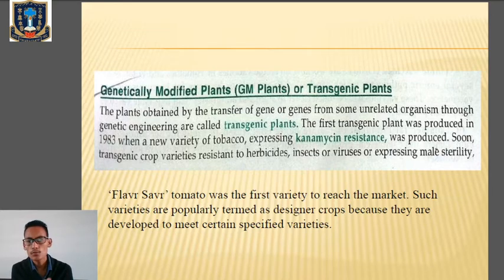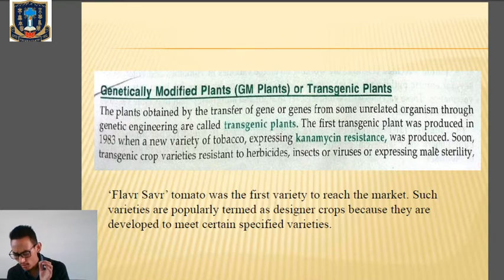Those plants whose genes have been altered or modified are known as genetically modified plants or transgenic plants. The first transgenic plant was produced in 1983, when a new variety of tobacco expressing cannabinoid resistance was produced. After that we have got lots of varieties of transgenic plants which have been produced.